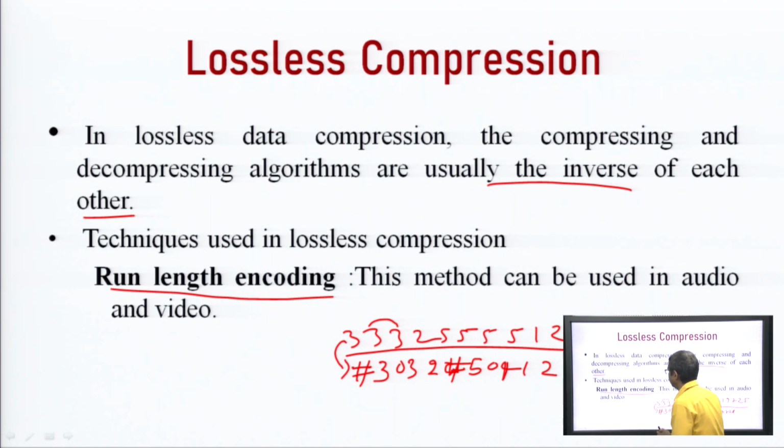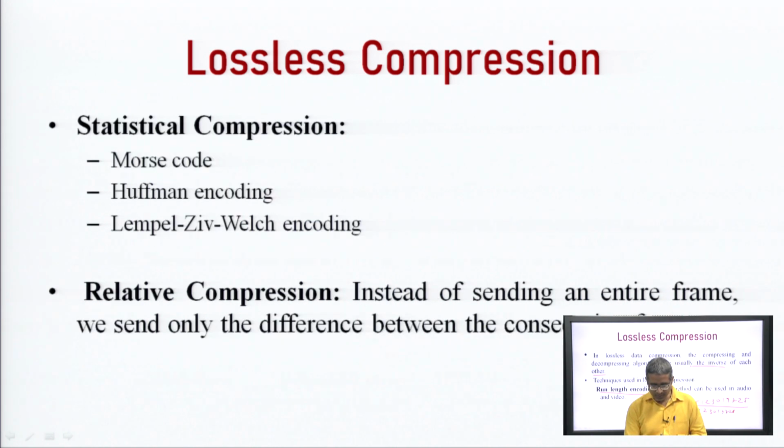If such occurrences of bits occur, we can use run length encoding, and similarly we can decode it. As I already said, the compressing and decompressing algorithms are usually the inverse of each other.